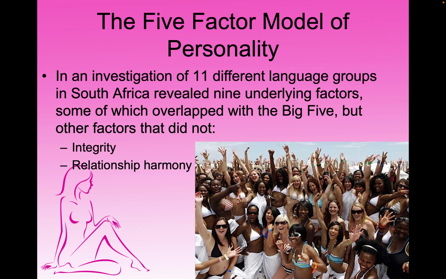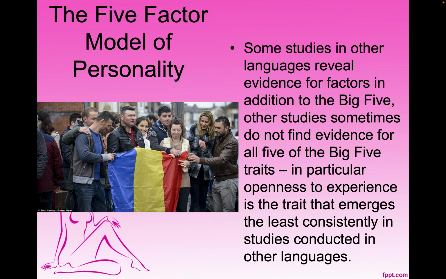An investigation of 11 different language groups in South Africa revealed 9 underlying factors, some of which overlap with the Big 5, but the other factors did not: integrity and relationship harmony. And of course, the majority of the people in South Africa are black Africans. And of course, in order for these people to get along, integrity and relationship harmony is massive.